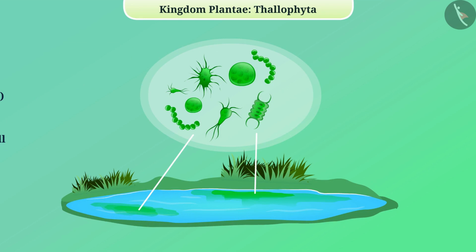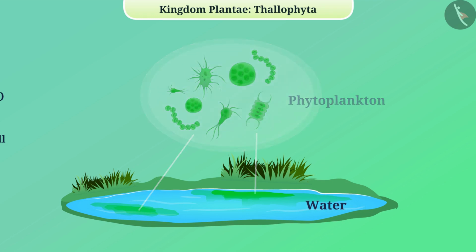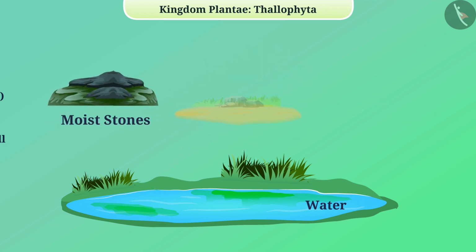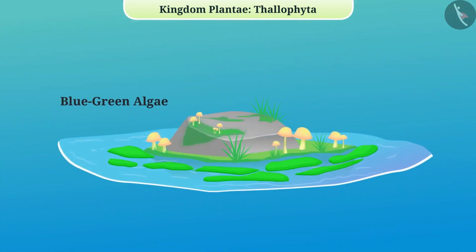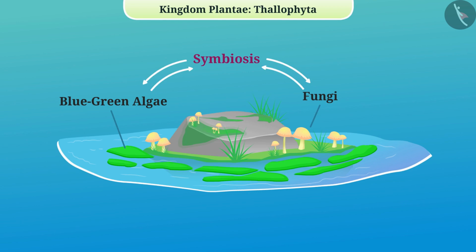These are called phytoplankton. Apart from water, thallophytes are also found in moist stones, soil and wood. Some of these plants, such as blue-green algae, form permanent interrelationship with certain species of fungi that gives various benefits to both. We call this relationship symbiosis.